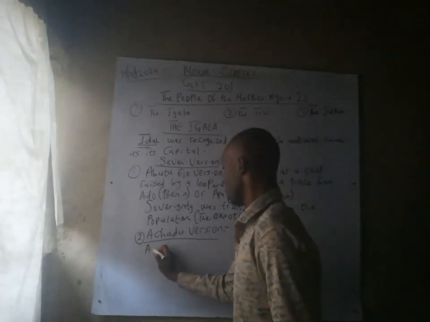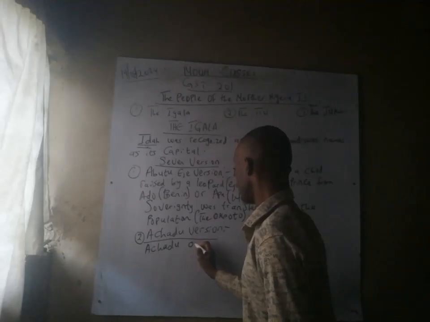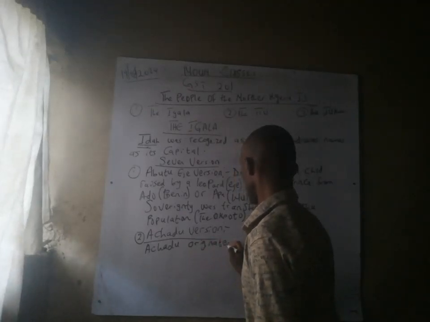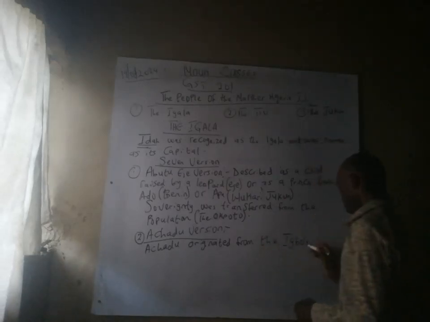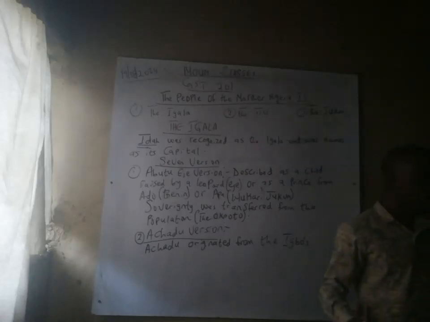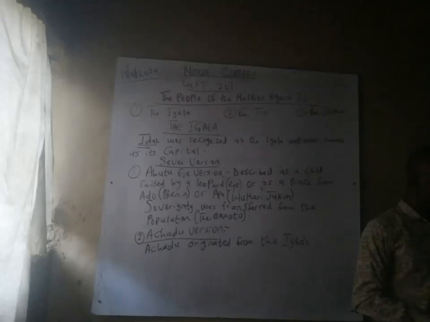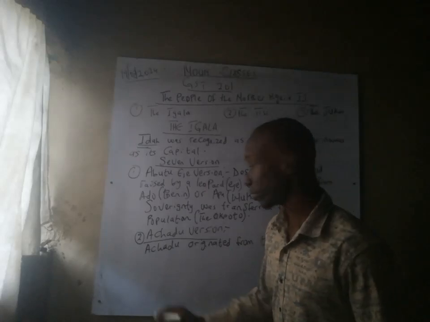In this version, some Igala attribute the emergence of their state to Achadu, believing that Achadu originated from the Igbos, where he married the Ata from Igbo land and became a patron and leader of the king's makers.